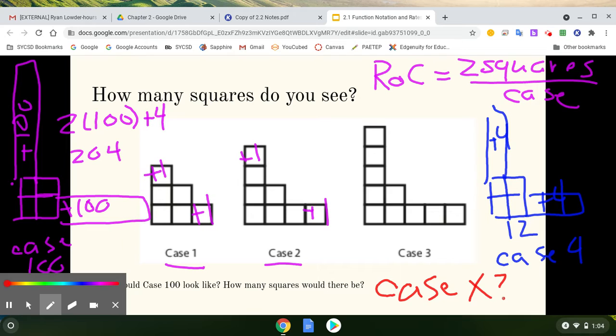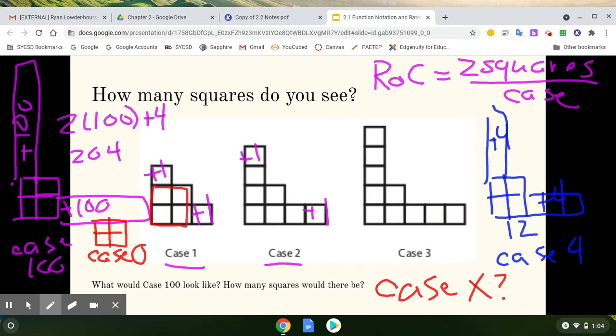Well, to figure this out, it actually goes back to case 0, right? Because we know case 0 started with these 4 original squares. And from there, we just added on to every single time.